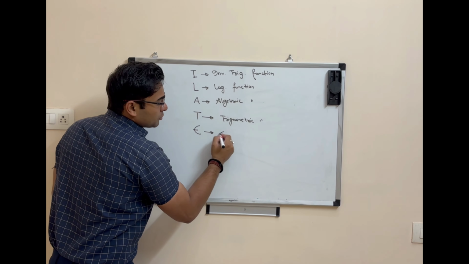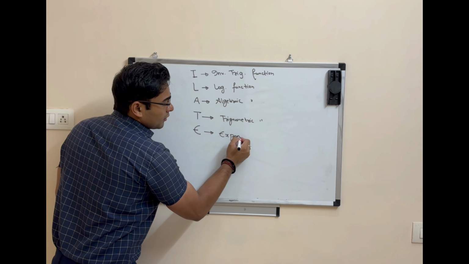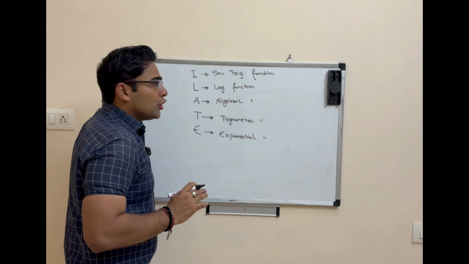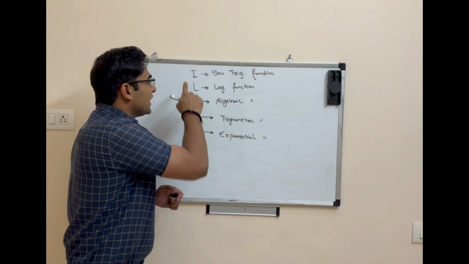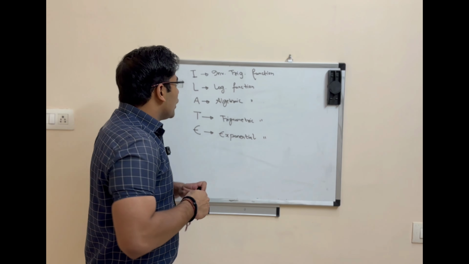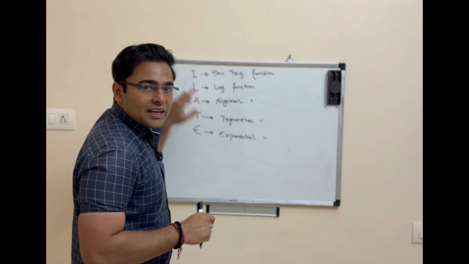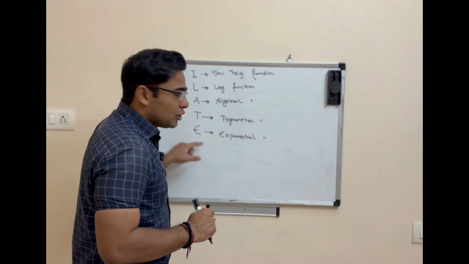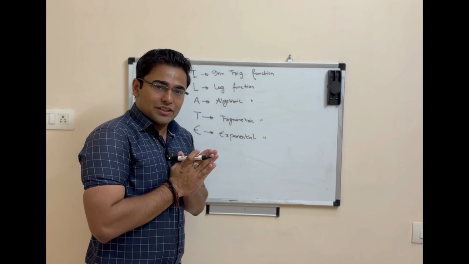E is exponential functions. Suppose you have two functions, say inverse trigonometric and exponential. In that case, you consider the inverse trigonometric as the first part of the integration by parts and the exponential as the second part.